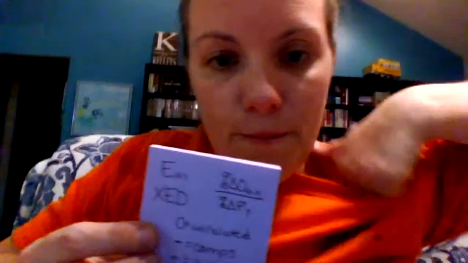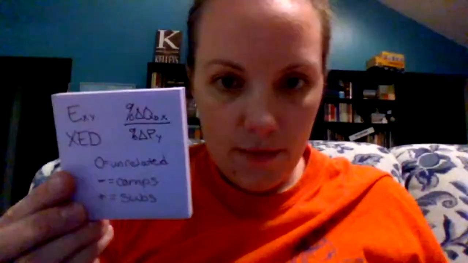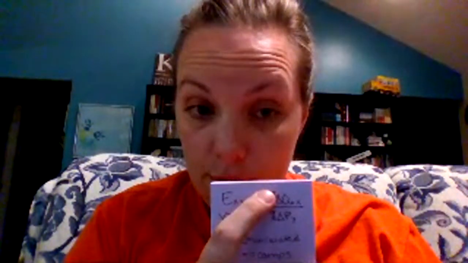This is an elasticity of demand formula, so you know it should be negative because demand is downward sloping. If price goes up, quantity demanded should be decreasing, because they move in opposite directions. So elasticity of demand should always be negative.